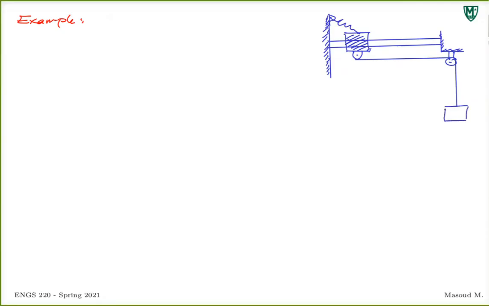Then you have mass. This will be mass A, and this will be mass B. Right, that's pretty much it. This distance is 0.3 meters, and this distance is 0.15 meters.